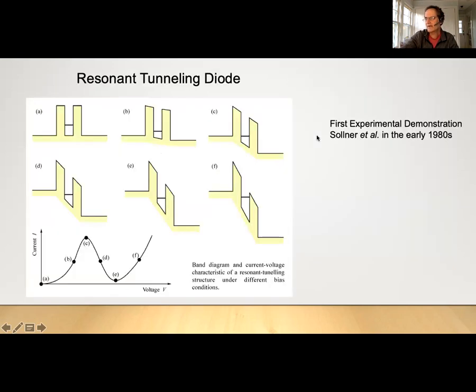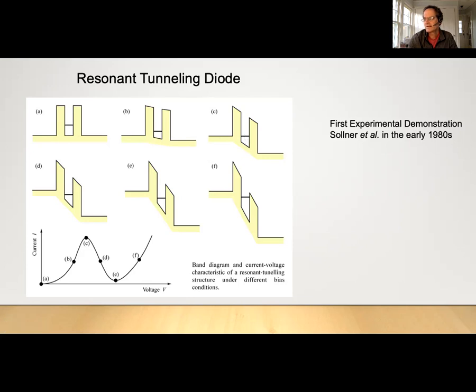Just to illustrate what's going on here, we can look at this. So here's the idea. We have this double barrier structure, and there's a confined energy state that exists between these two barriers. Okay, of course, at 0 voltage, no current can flow. And as we increase the voltage, we'll reach a point where electrons can efficiently tunnel into this energy state.